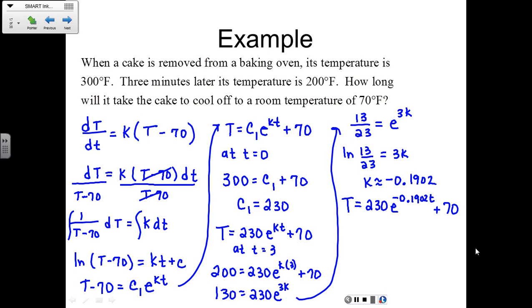When it gets to 70 degrees, it's going to stay 70 degrees. Y'all agree with that? If it cools down to room temperature and it's still sitting in that room, it's going to be 70 degrees for a long time. So a trillion minutes from that time, it's going to be 70 degrees. So to make this work out, we can't get it equal to 0. What do you think we should do? We go a little bit higher than 70.